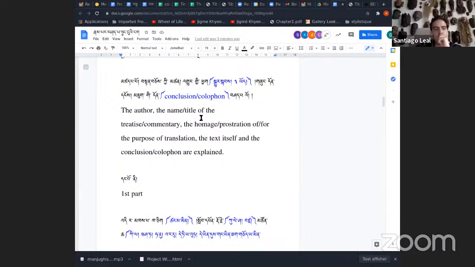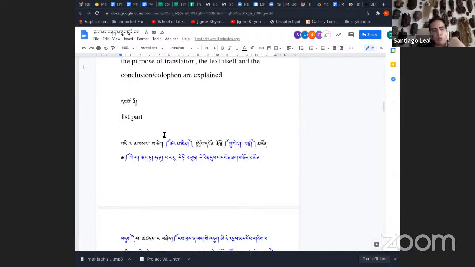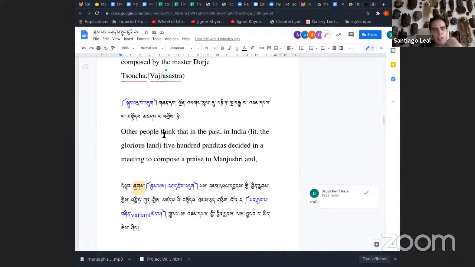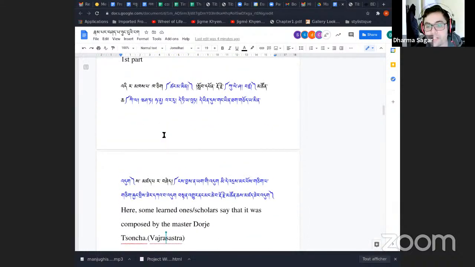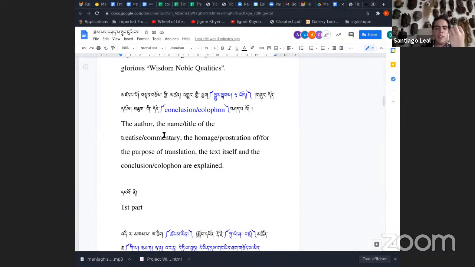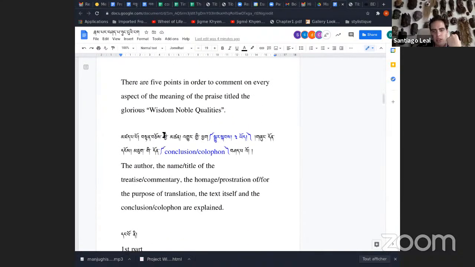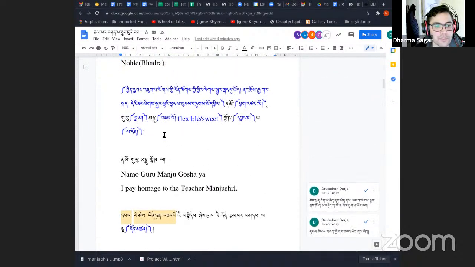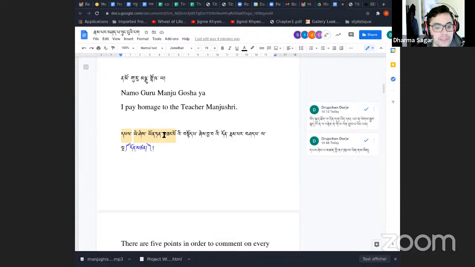Do you think we should choose one between them? I know you said that below there, it meant more commentary, but then below there was a word for treatise. Should we choose just one and stick to it? The original has two different words, so it would first be commentary and then treatise. Here, I'm not really sure about the first one.